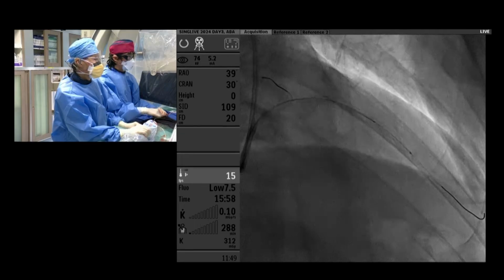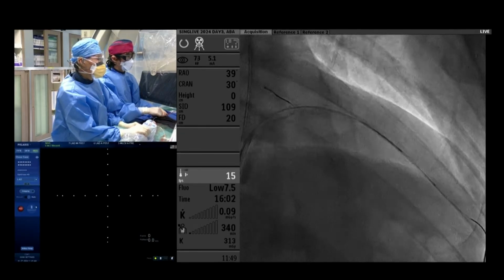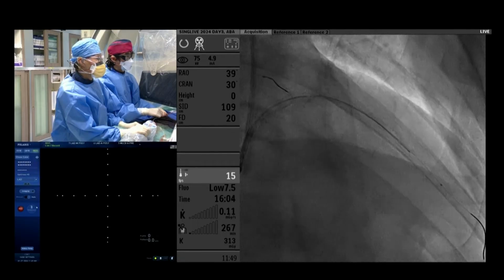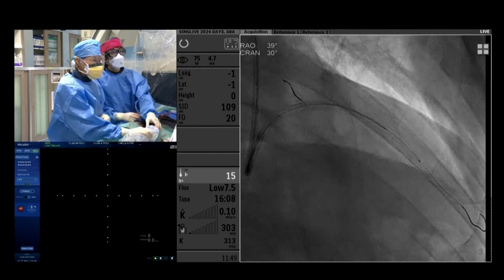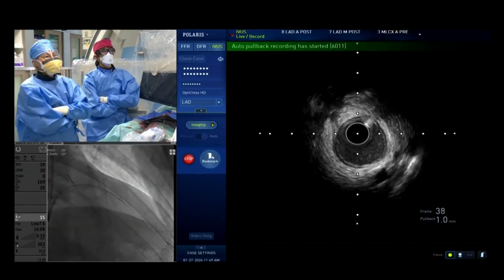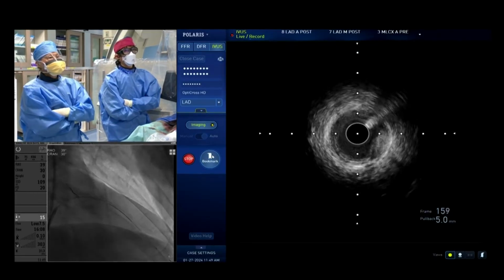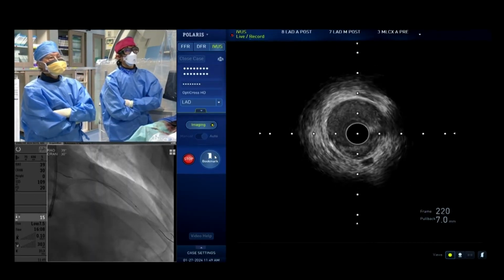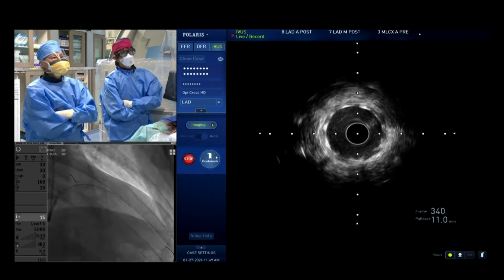Just one comment. From the last IVUS, there's some uncertainty over the distal stent edge. Probably we can focus a little bit on that. No, it looked very good, no? We can show you. This is the distal beyond the stent. It seems there's some edge dissection from 8 o'clock to 12.